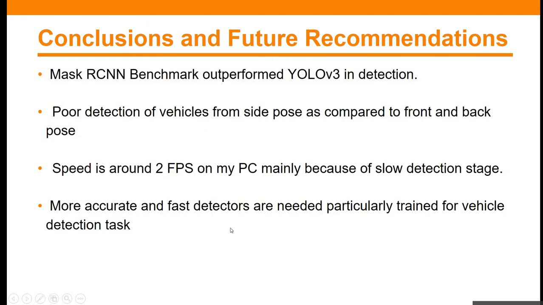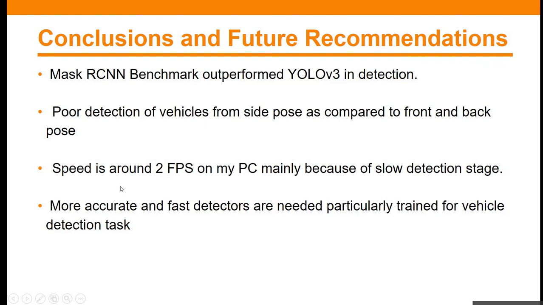Finally, coming to the conclusions, the one conclusion that we draw is that the Mask RCNN benchmark outperformed YOLO v3 in detection. In terms of future recommendations, the main thing that we have observed is that the detection of vehicles from the side pose is much poorer compared to the front and back poses.